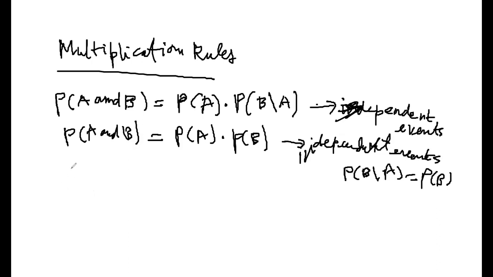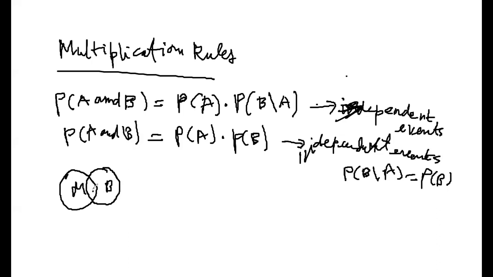For the addition rule, this one is not mutually exclusive, so you have it like this. So it's male or code B. This is male and this is code B.